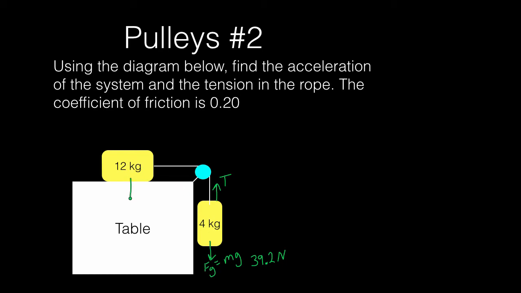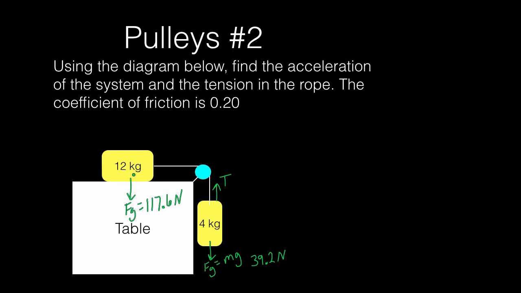It's sitting on a table, so we know that there's a force of gravity. And 12 times 9.8 is equal to 117.6 newtons. And it's sitting on the table.